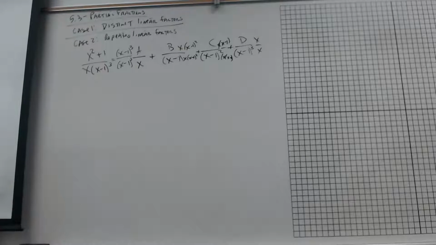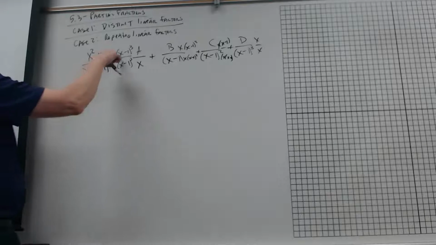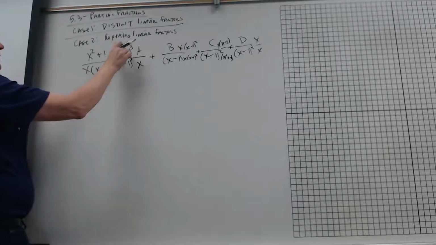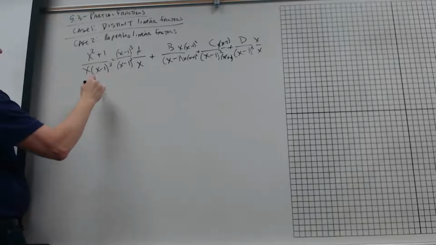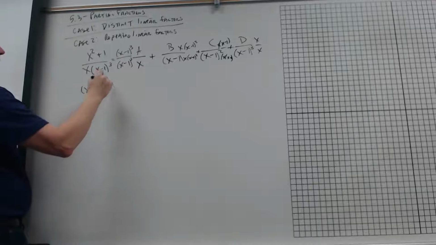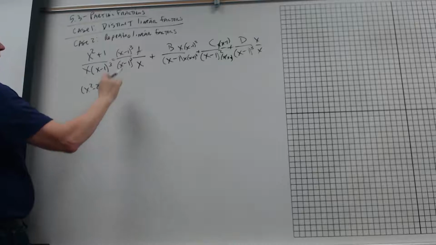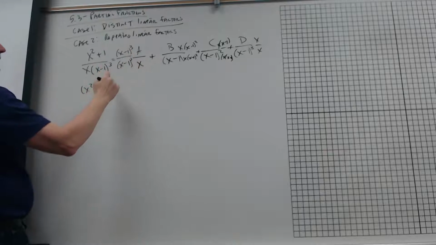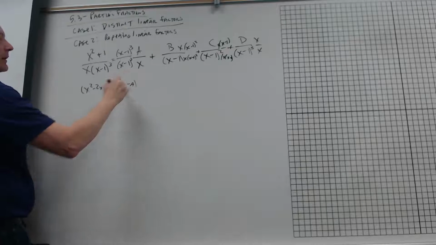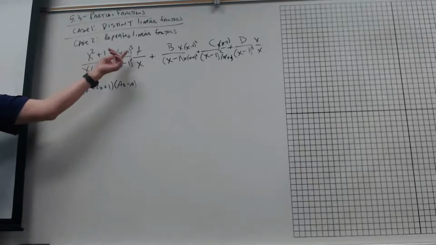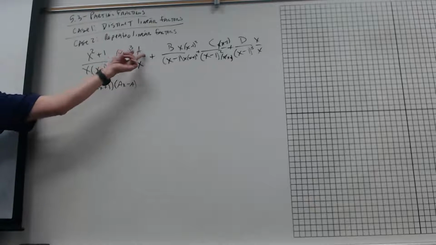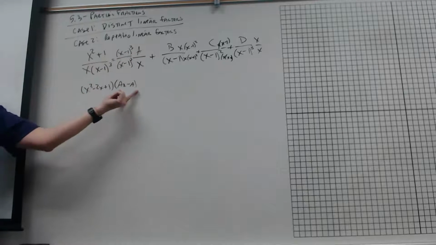All right. So here's what we're gonna do. I'm gonna do the x minus 1 squared, which is x squared minus 2x plus 1, times, and then I'm gonna multiply a times x minus 1 to give me ax minus a. Are you with me? I did x minus 1 squared to get this, and then I did a times x minus 1 to get that.